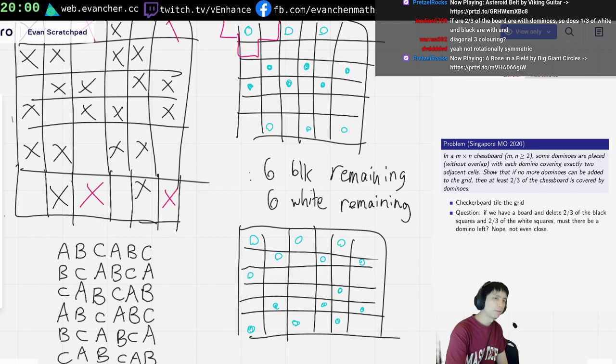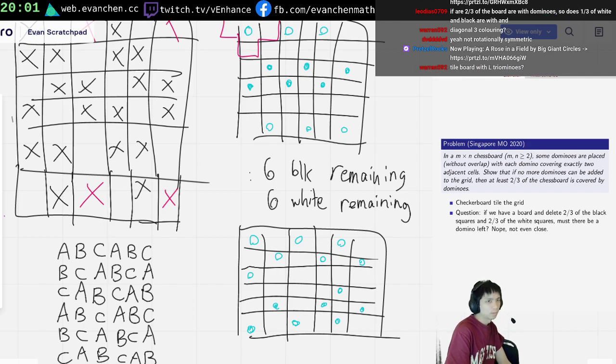Like, if I have a 2x3 square, or a rectangle, that's bad because you start worrying about overlaps. But, tile the board with L trominoes.